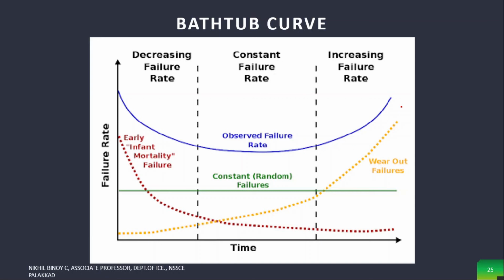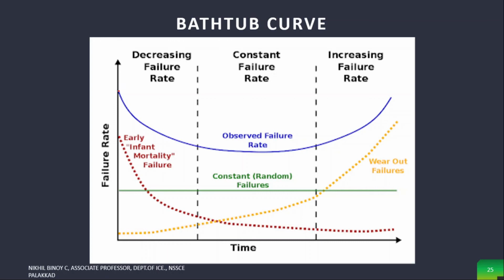Now in the third region, the increase in failure rate is more visible, so we can represent it using this orange colored dotted curve, exponentially increasing. So we can split the bathtub curve into three: an exponentially decreasing one, a constant one, and an exponentially increasing curve.